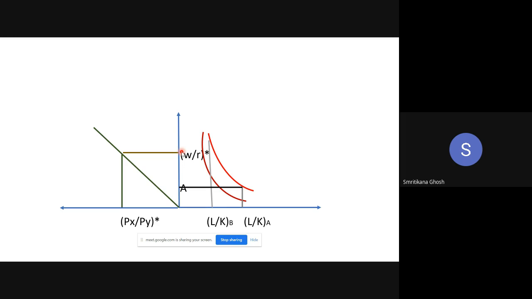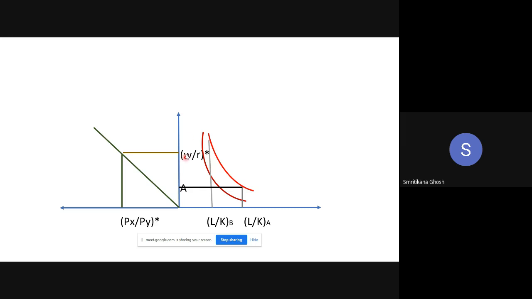Okay, so if W by R star is within the W by R range of country B, then you can understand country B will go for incomplete specialization because it is within his range. W by R star is within his W by R range. So he will produce both after trade. What about country A?